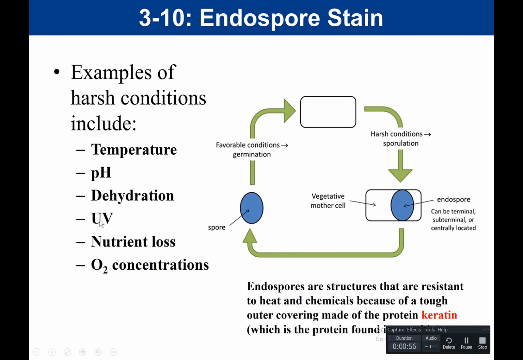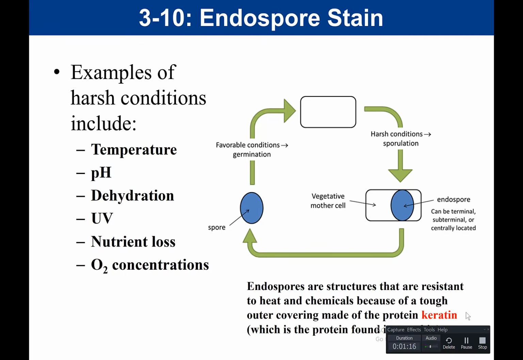And when they experience these harsh conditions, they will go through the process of sporulation, meaning that they will form an endospore. You want to know that the endospore is made of the protein keratin, which is found in skin.